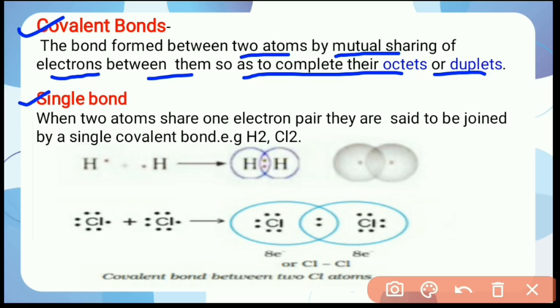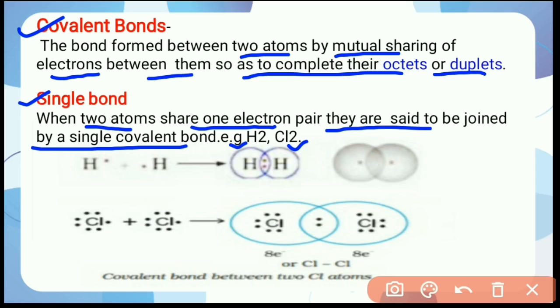Single bond. When two atoms share one electron pair, they are said to be joined by a single covalent bond. For example, hydrogen H2 molecule and chlorine molecule.